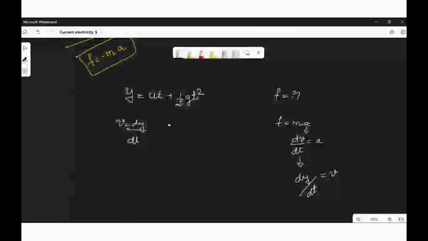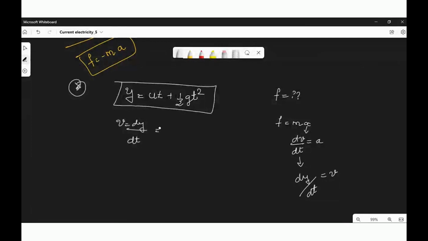You have to differentiate the given position function with respect to time. Try it out. If you don't get it, let me know.